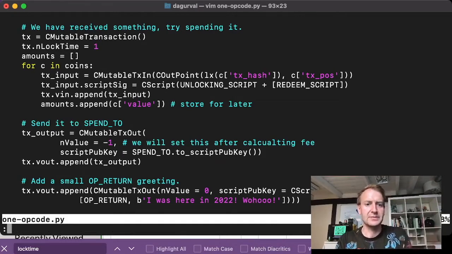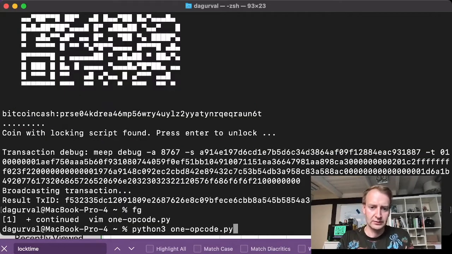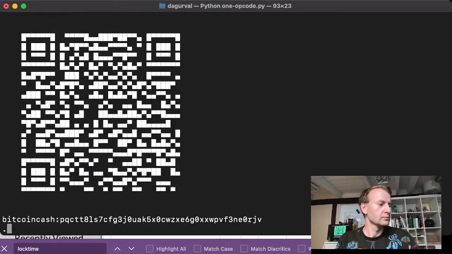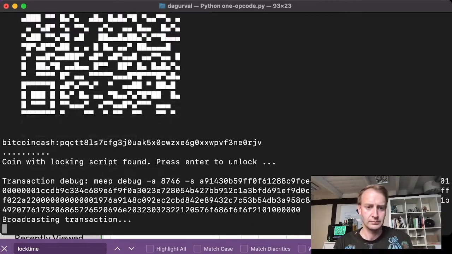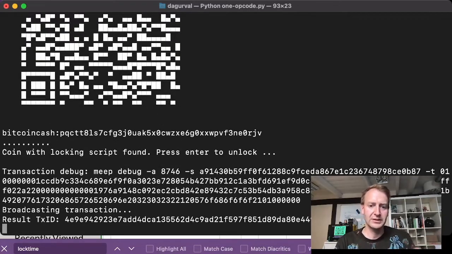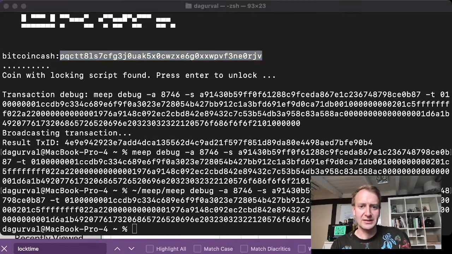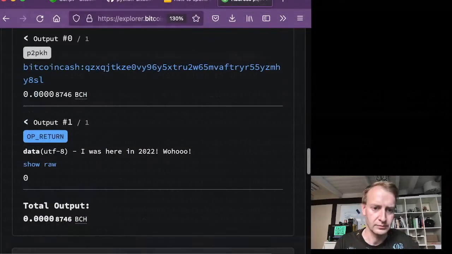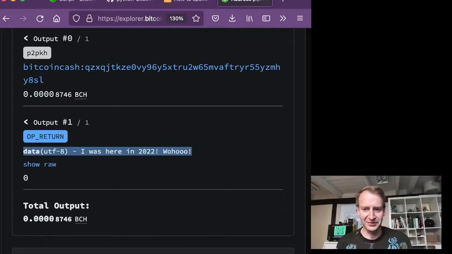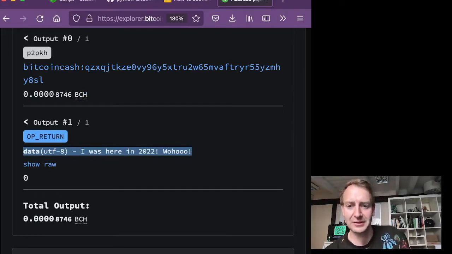Let's try it out. And it was successful. And let's see if we were the first again to claim this single opcode contract. And yes, we were first to claim OP_TXLOCKTIME.